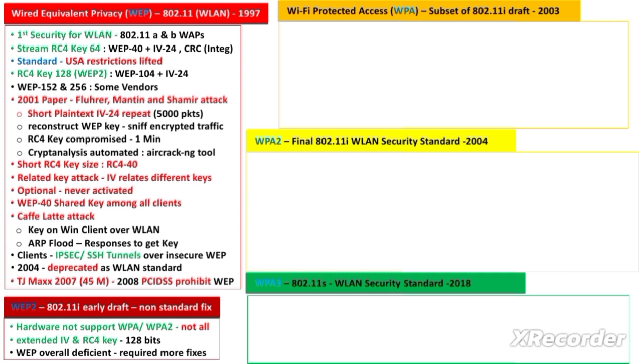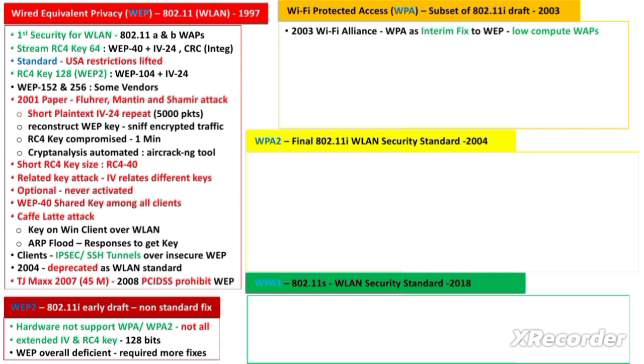However, it was still deficient and required more fixes. Now, a well known quick fix is WPA, which was a subset of draft 802.11i, which is the WPA2 standard.